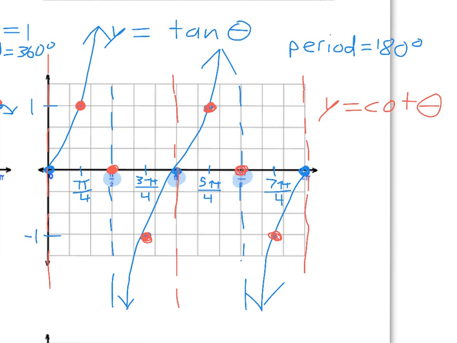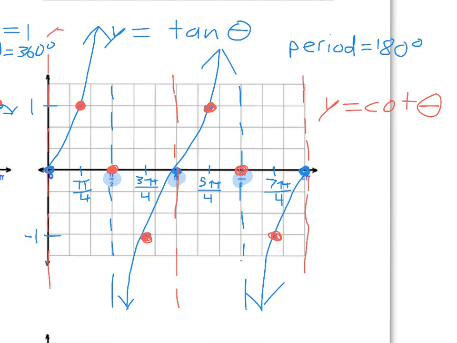Alright, that looks very chaotic having 2 graphs on one. So try to ignore all the blue and only look at the red. So now try to imagine a tangent graph but mirrored. So instead of increasing, it's decreasing. That is what cotangent will look like. So the same exact shape, but instead going down from left to right.